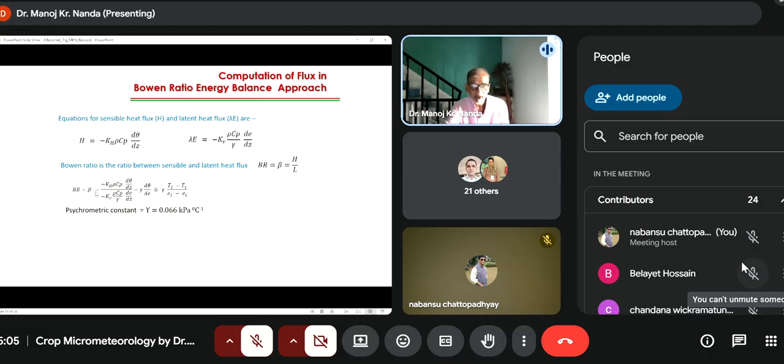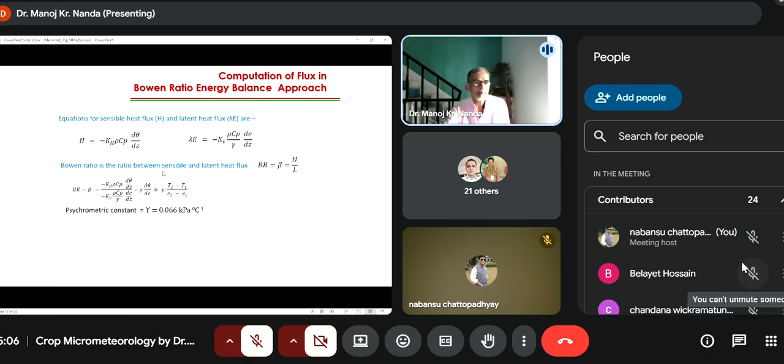And once I get the Bowen ratio, if I take the temperature measurement and vapor pressure measurement at two levels, means simply if I have a psychrometer having dry bulb and wet bulb thermometers, the dry bulb will give you temperature and the dry bulb and wet bulb combination will give you vapor pressure.